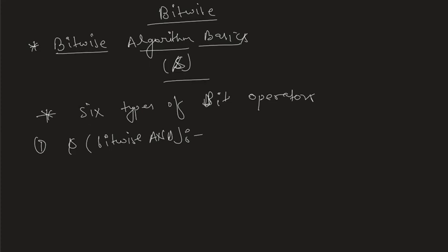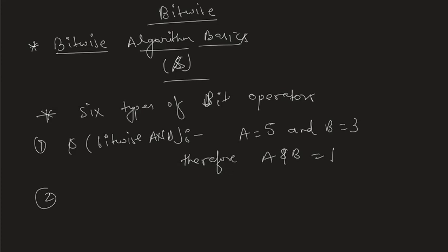If at least one bit is 0, then the result of AND is 0. Suppose A equals 5 and B equals 3. Therefore, A AND B is equal to 1.